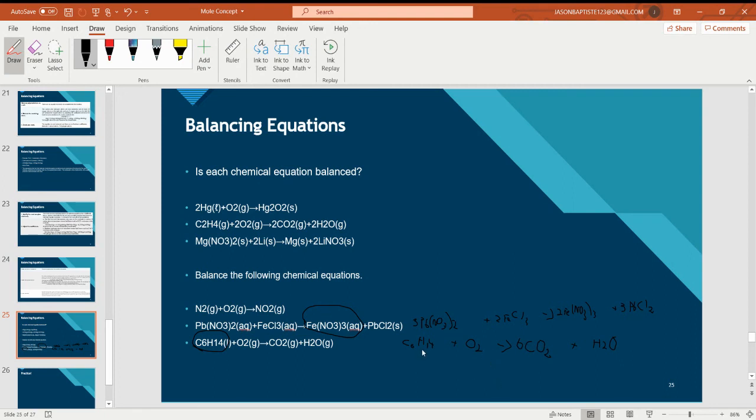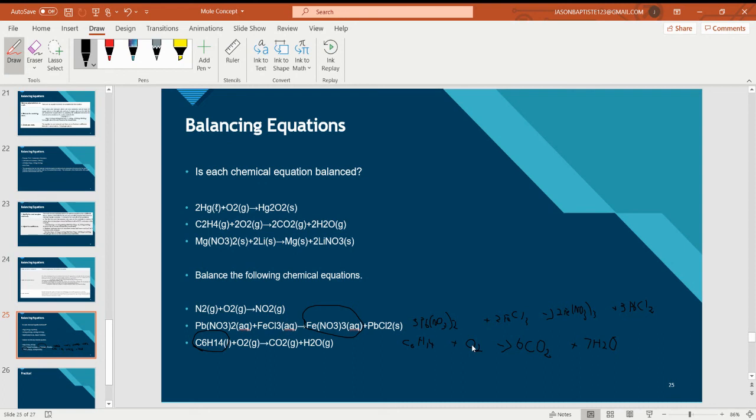Now we have 14 hydrogens here, but we only have 2 here. So we want to put a 7 here. So we have 14 hydrogens on both sides. But, and here the problem starts, we have 2 by 6 is 12 oxygens, and then we have 7 oxygens, which makes 19 oxygen.